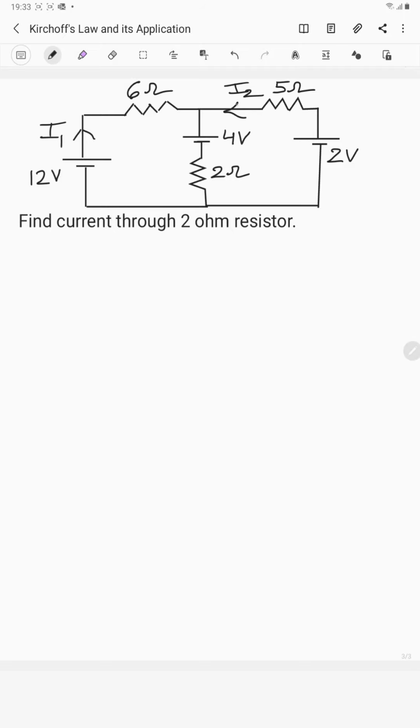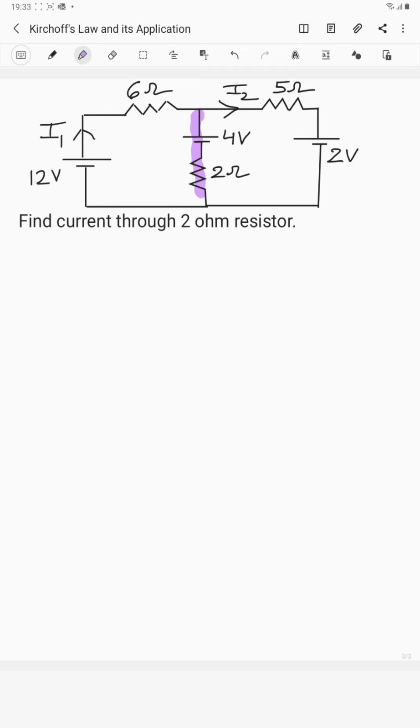As we have assumed I2 in this direction, there's no issue if I assume I2 in the other direction. So let's assume I2 in this direction itself. So this is I1, this is I2. What should be the current flowing through this branch? We need not assume it as I3, because we are not going to consider an unnecessary variable.